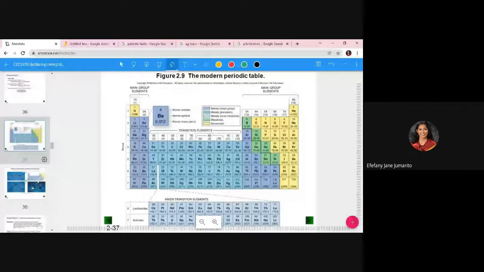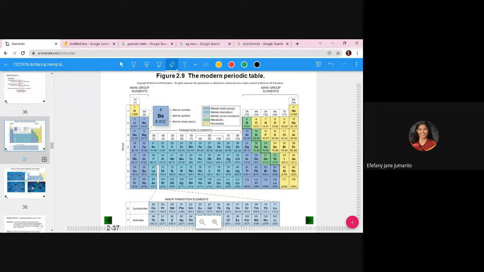Krypton, atomic number 36. Non-metal. Okay. What about cobalt? It is a metal. What type of metal? Transition metals. Okay.